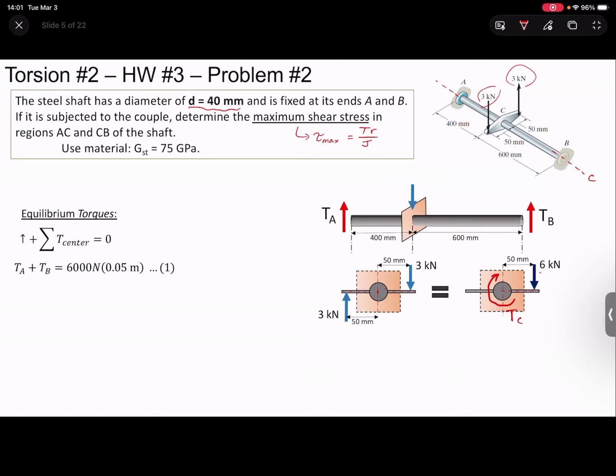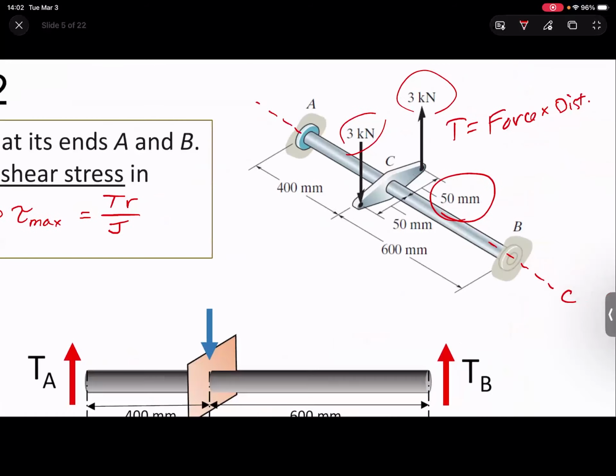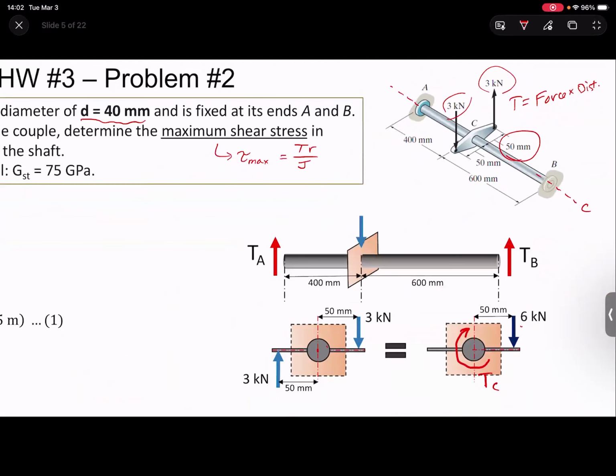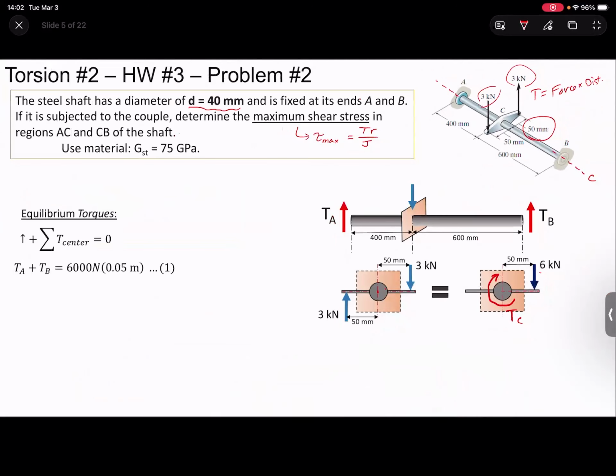Well, that's just where it's applied, based right here, 50 millimeters. So a torque is a force times a distance. It's essentially a moment. Okay. So in this case, we're just given forces of 3 kilonewtons. Okay. So that's the resultant torque.